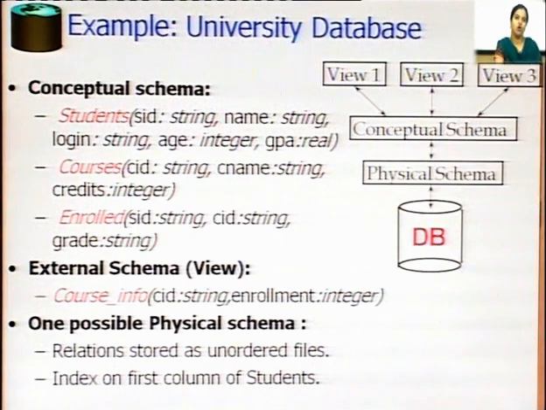So, this is how the conceptual schema defines. When there is a student, student ID, this is the conceptual level. At the external level view, it is the information about the courses and the enrollments, and one possible physical schema is relations stored in unordered files.